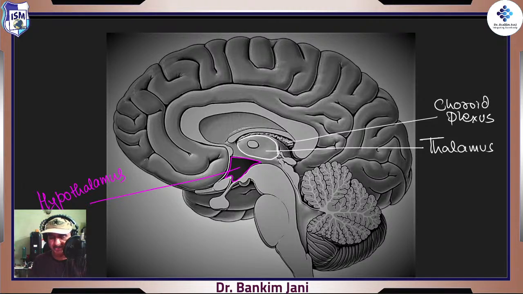Just above that curve, it is what is called the fornix. This one. So that is fornix. Now, as this is a very good question, definitely I'll be asking this in the exam. Okay.